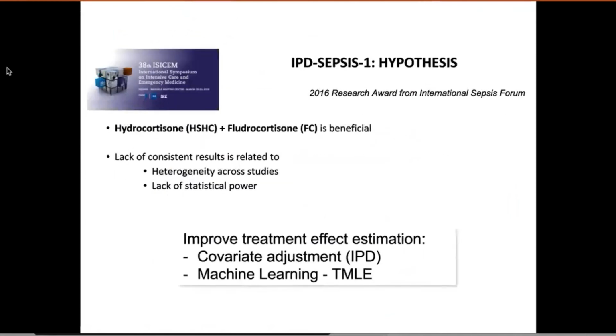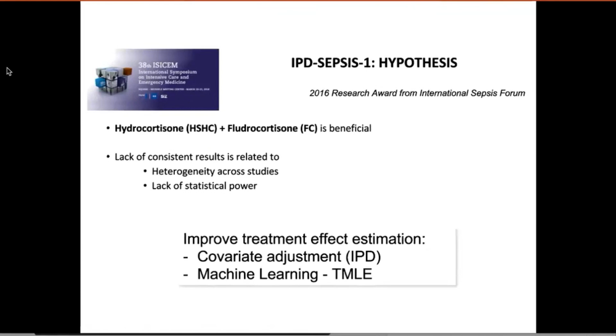So we actually started to work on this project even before the two big randomized trials that I showed you were actually published. And so at that time, our hypothesis was that a particular combination of the steroids, which is here what I'm calling hydrocortisone plus fludrocortisone, may actually be beneficial. And we kind of came to this conclusion looking deeply into each one of the single studies that were published over, again, a 20 years period.